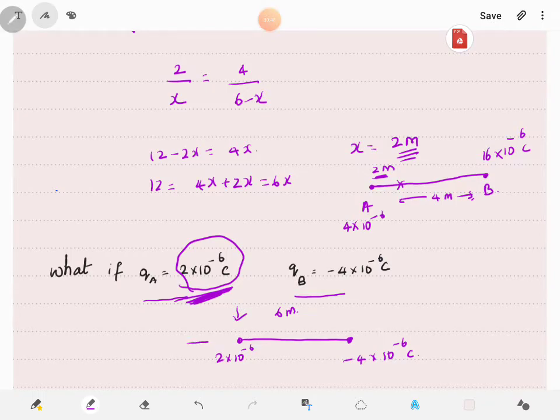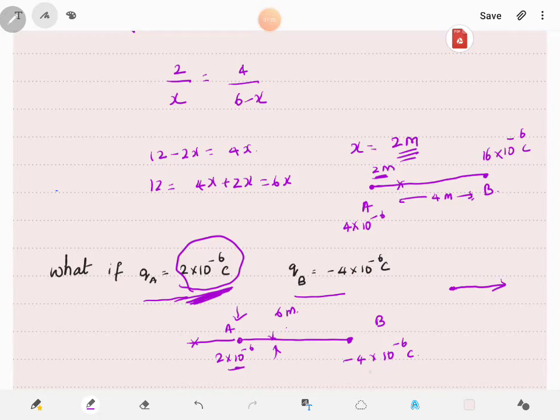So it could be to the left hand side or to the right hand side. If it were to be at the right hand side, the direction of electric field due to 2 into 10 power minus 6 Coulomb, because this is a positive charge, it's going to be along which direction? It is going to be away from the charge, to the right hand side.